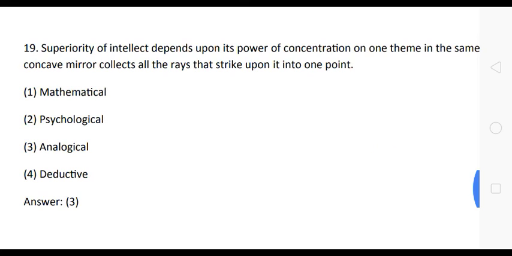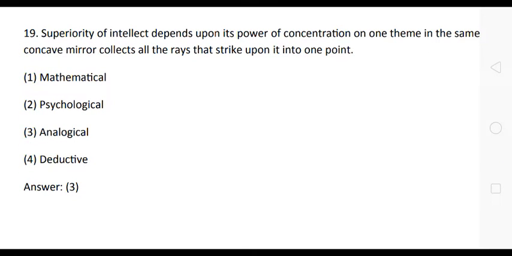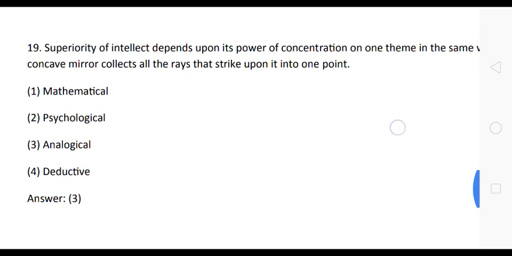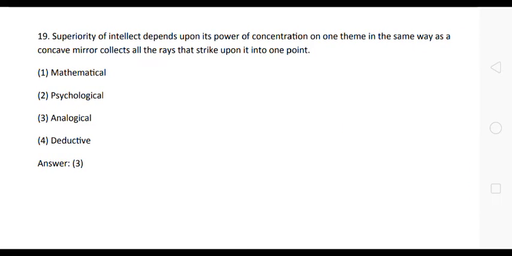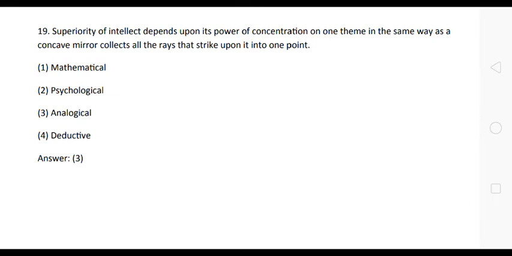Next question is, superiority of intellect depends upon its power of concentration on one theme in the same way as a concave mirror collects all the rays that strike upon it into one point.